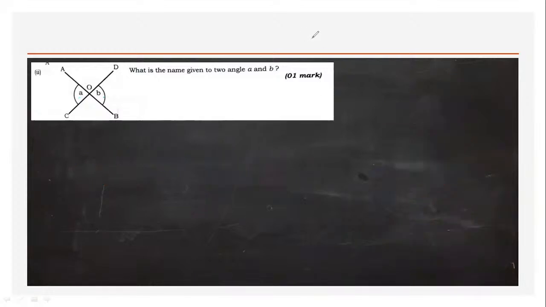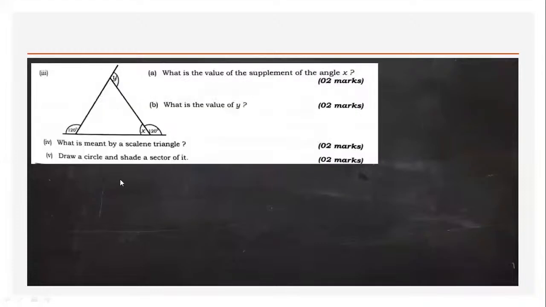We'll go to the next part. What is the value of the supplement of angle x? That is 60, right? So mentally, you can remind it and give the answer. But if you can't, x plus 120 equals 180.